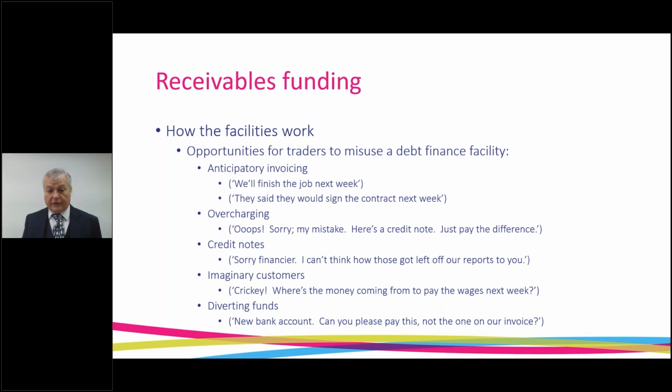And diverting funds, where the trader tells the debtors to pay not into the discounter's bank account, but into their own bank account. And of course, if the financier discovers some of these abuses of their facility, then they're quite likely to pull the financing fairly swiftly.